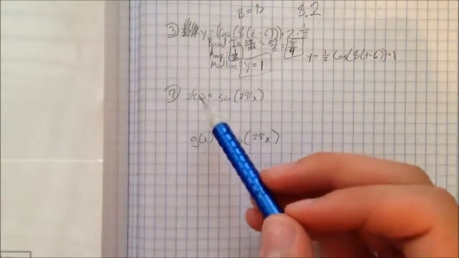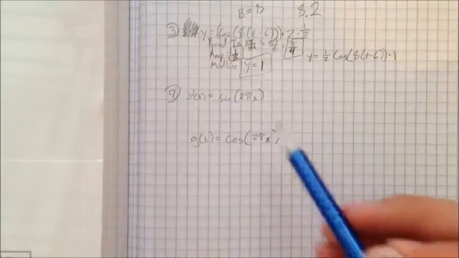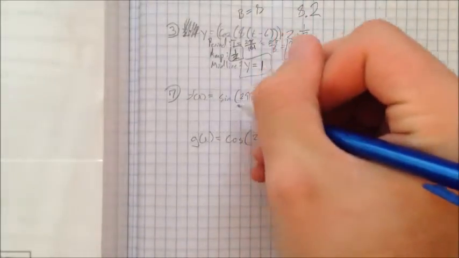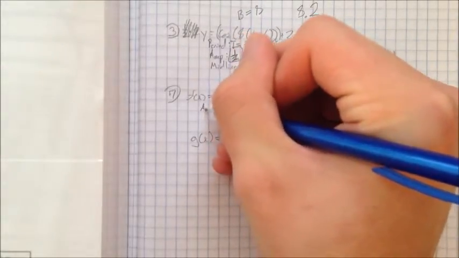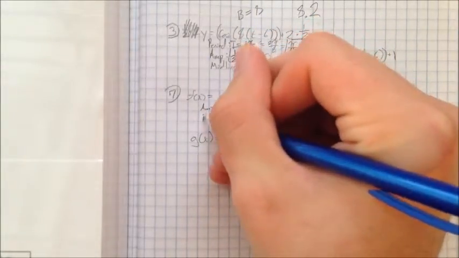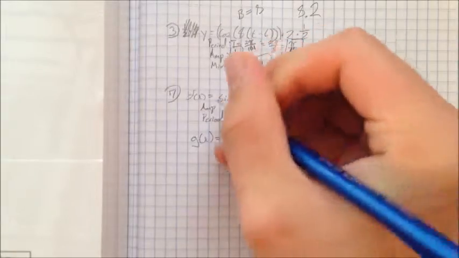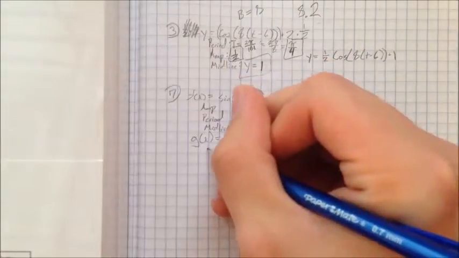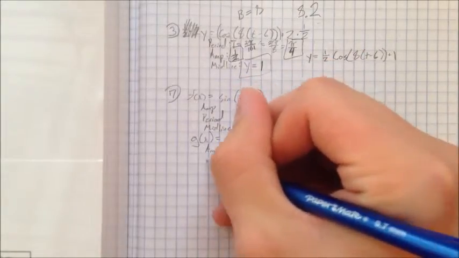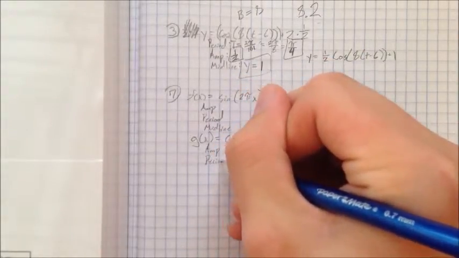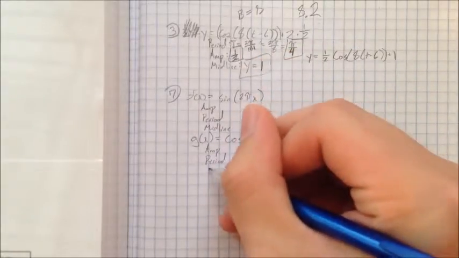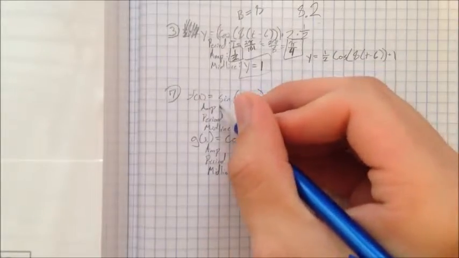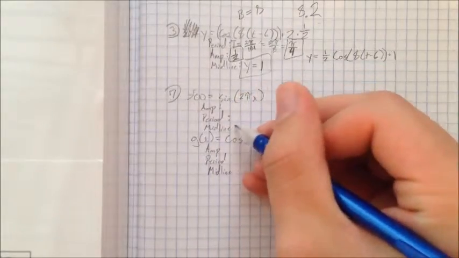I've gone ahead and already written down these formulas, and we need to find an amplitude, period, and a midline. I am mixing up the order of which I wrote these as above, but it doesn't really matter.